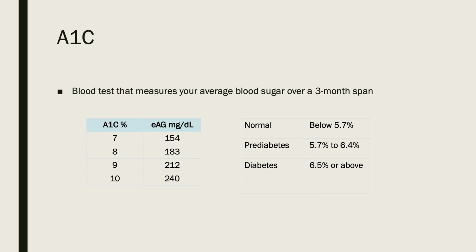If your A1C is 7, then you're living at 154 blood sugar most of the time. 8, 183, 9, 212, 10, 240. Right now at my clinic, we have patients with an A1C of 15. Their blood sugar is probably 300 or 400 all the time. Definitely not good for your body and your organs.